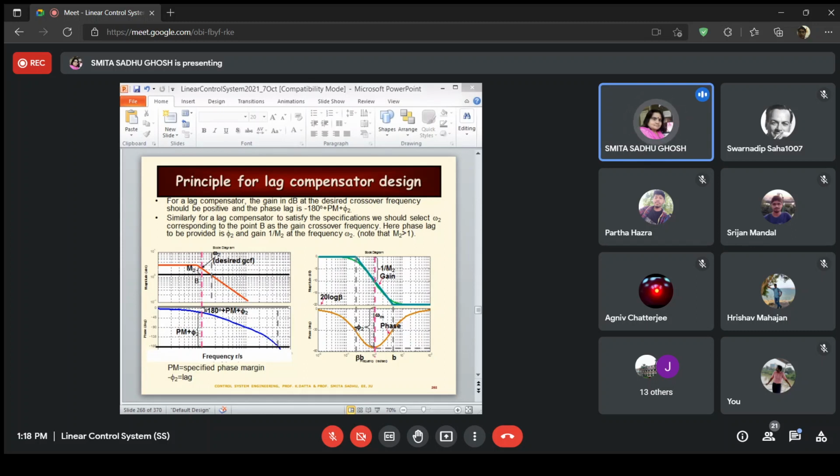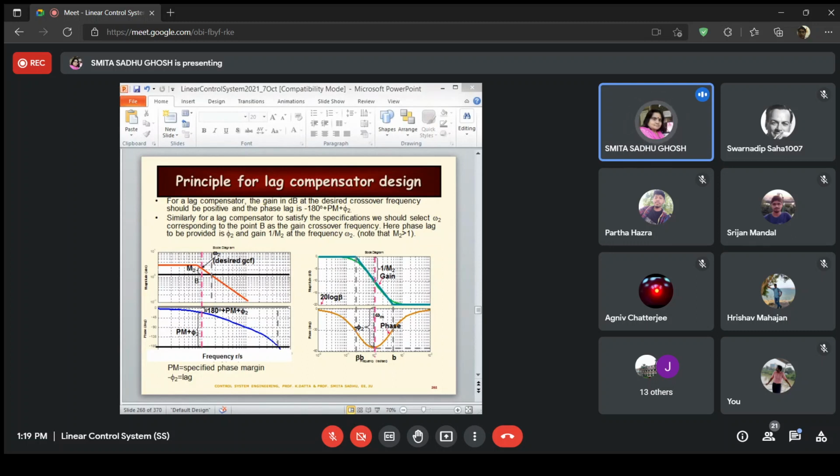Otherwise I will not be able to place my desired gain crossover frequency where the uncompensated gain was already negative. If I put my compensator, that is going to contribute a negative gain again.